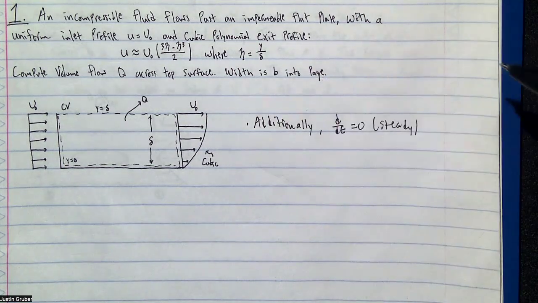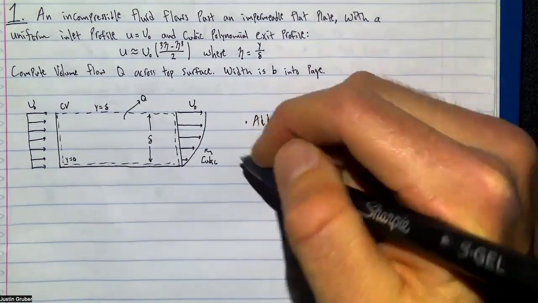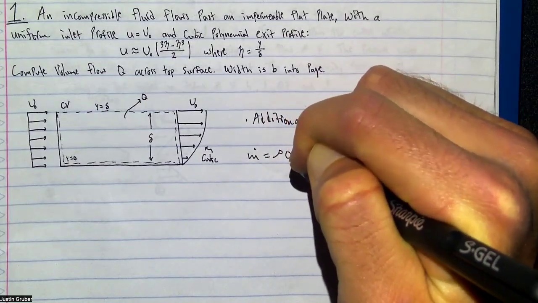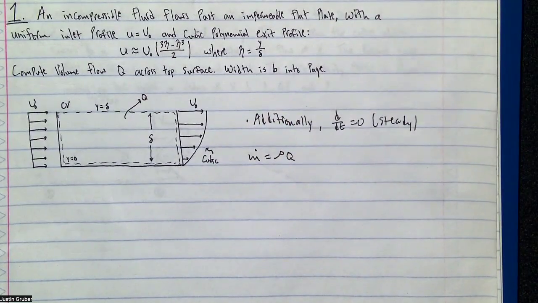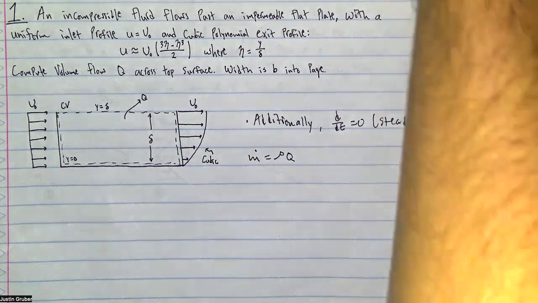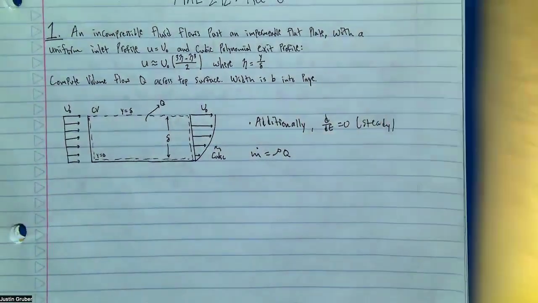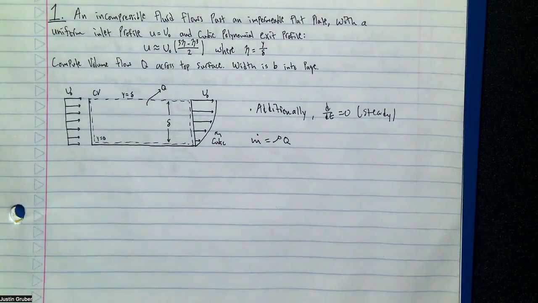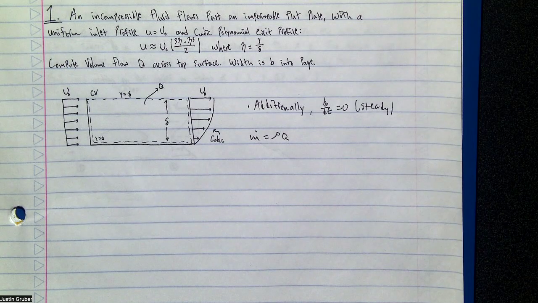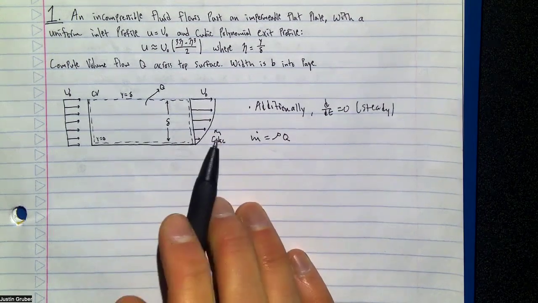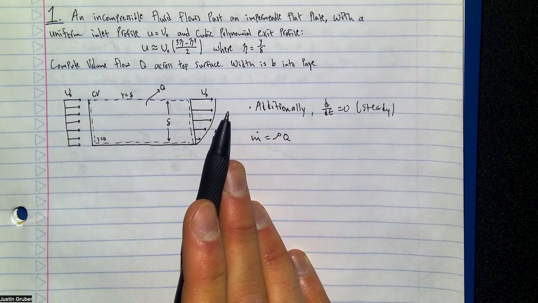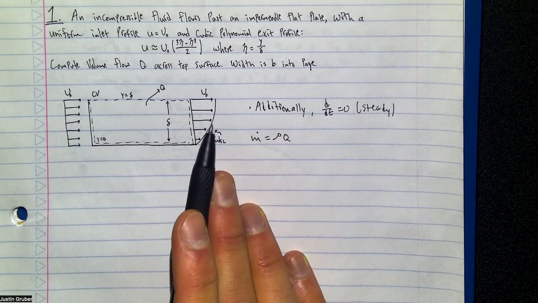But it's also important to know, if you don't know, m dot equals density times volume flow rate, equals rho times Q. We'll use that here in a sec. So let's really get into it. The only difference with these ones compared to your standard everyday control volume problem is that in this outlet flow, you can't assume that the m dot term is just rho V A, because what's V?